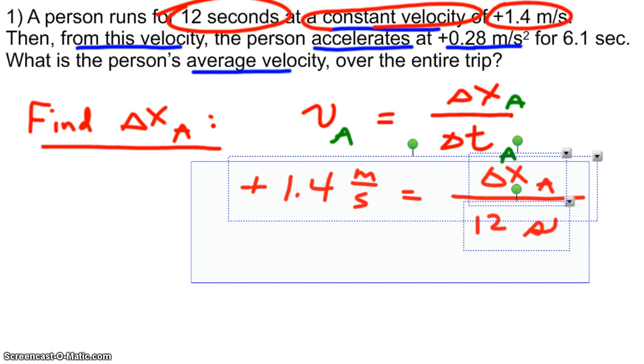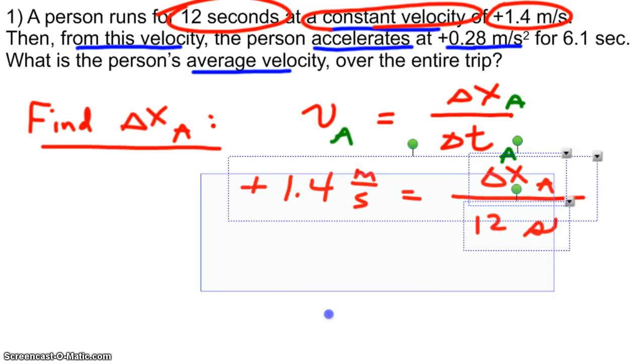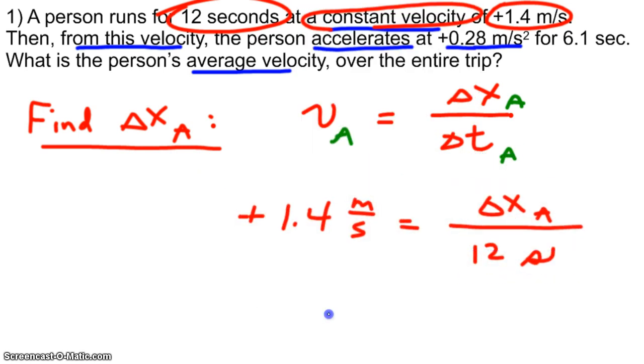That's not a bad way to go if you like subscripts. I like subscripts, so I like to modify the equation to reflect how I'm about to apply it. I'm applying this equation for segment A.